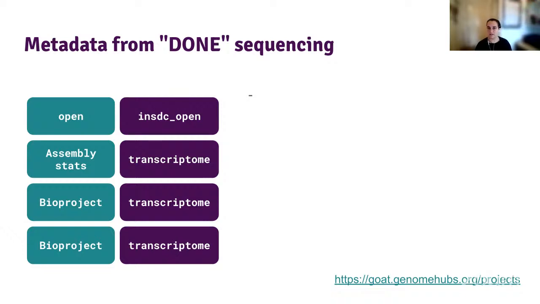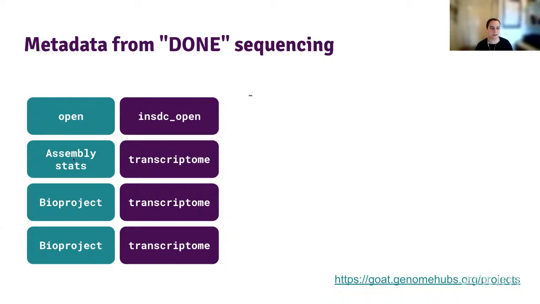For instance, the Vertebrate Genomes Project has a bucket where they keep the data before it's actually submitted to INSDC, to NCBI. Also, let's say, the Chinese Gene Bank is not on INSDC. So if there are things made there, GoaT is collating them and labeling them as open. But besides that, there is a lot of pertinent genetic data.